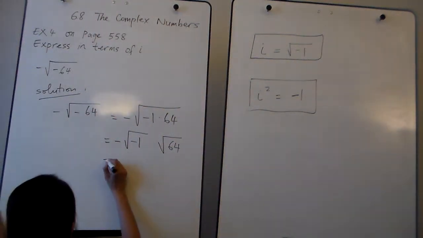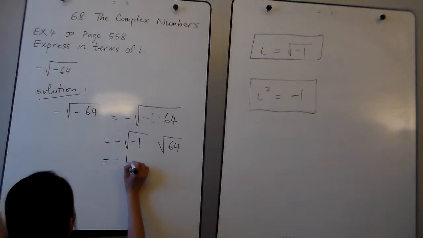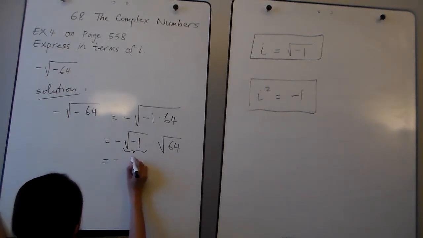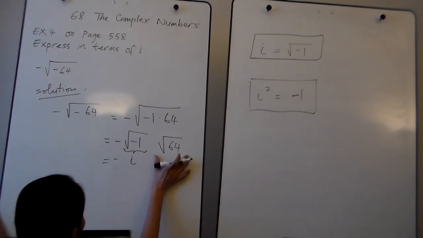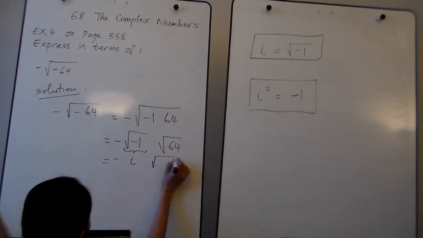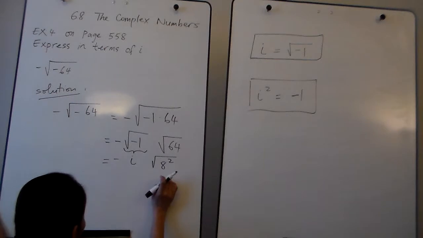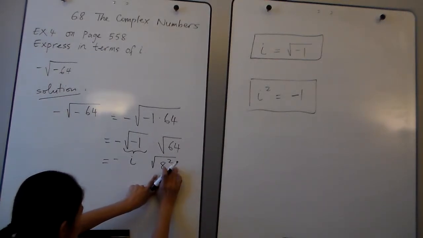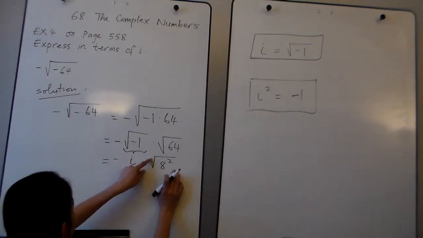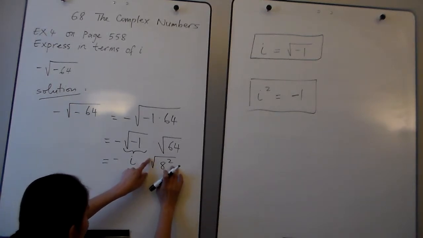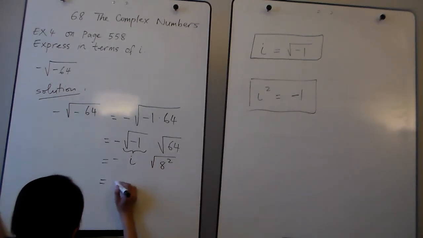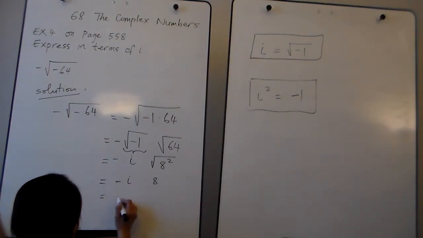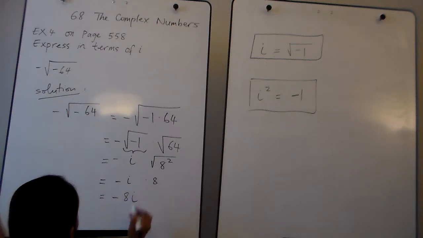So negative i comes from this first radical, and this one you know, it is 8 squared, because 8 squared is 64, and this exponent matches the index k equal 2 over here. That means you can simplify this radical further. Negative i, this simplifies to 8. So the answer is negative 8 times i.